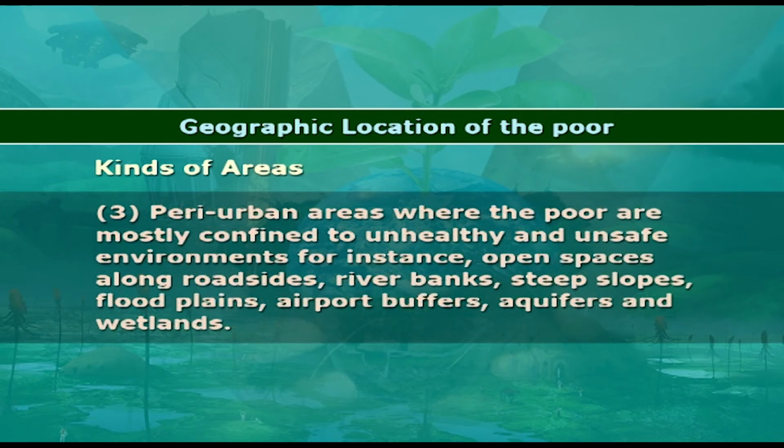Number 3. Peri-urban areas where the poor are mostly confined to unhealthy and unsafe environments, for instance, open spaces along roadsides, riverbanks, steep slopes, floodplains, airport buffers, aquifers and wetlands.